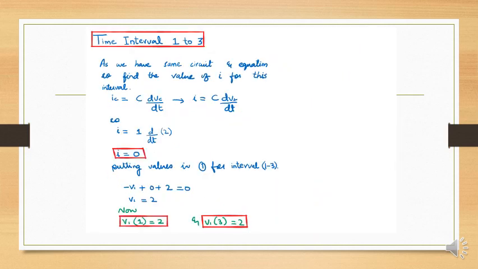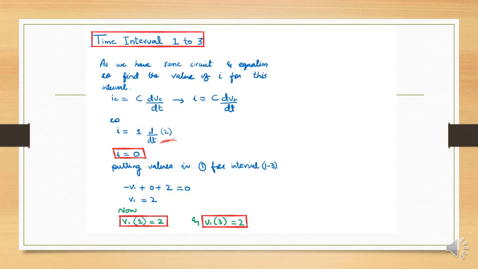Now from interval 1 to 3, we had a constant waveform, right? So if we put the constant value of V2, that is constant at 2 volts, into the derivative to find the current, what are we going to get? We are going to get 0. The derivative of a constant is 0.